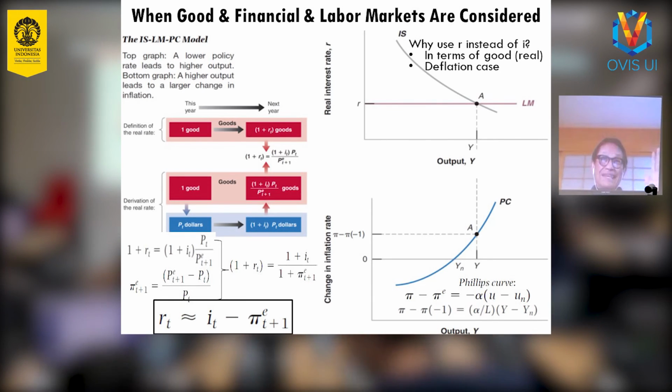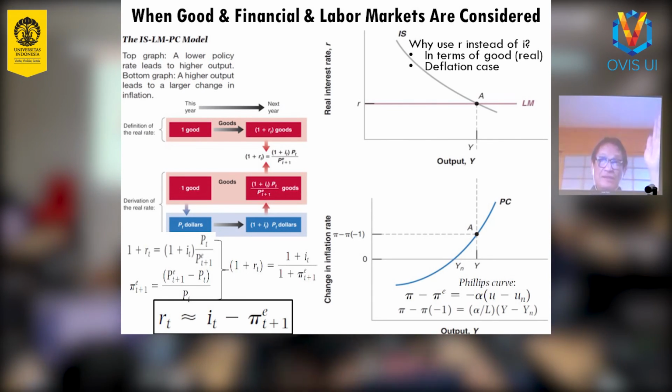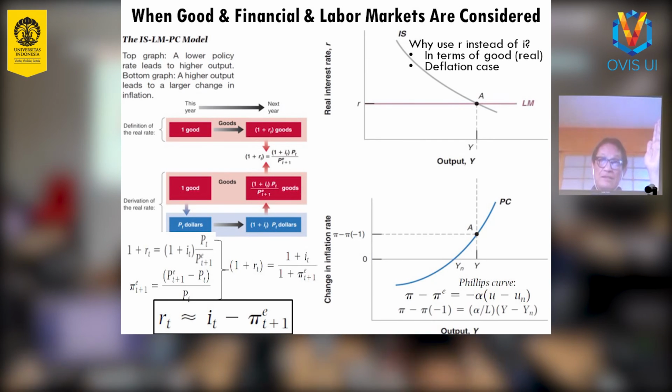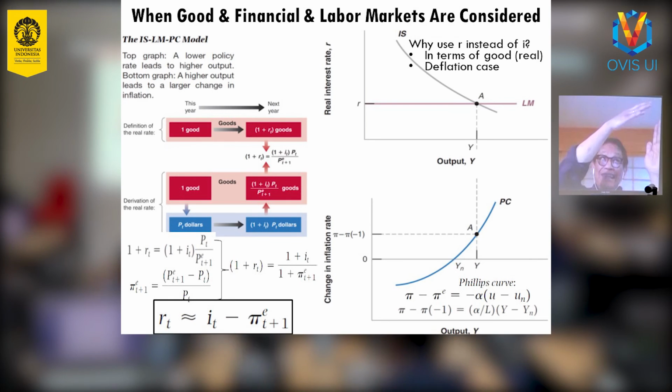So now, rather than the price level, the inflation rate is on the y-axis, and the x-axis continues to be unemployment. And in the 80s it fits nicely. There is a negative relation between inflation rate and unemployment.